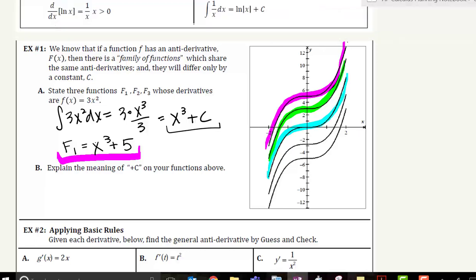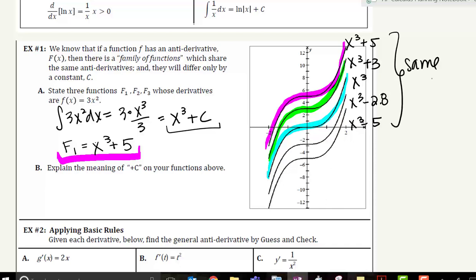So I'm going to write these down: x cubed plus 5, x cubed plus 3, just plain x cubed. We could even move on: x cubed minus 2.8, x cubed minus 5. All of these guys have the same derivative, which would be 3x squared, even though none of them are the same function.